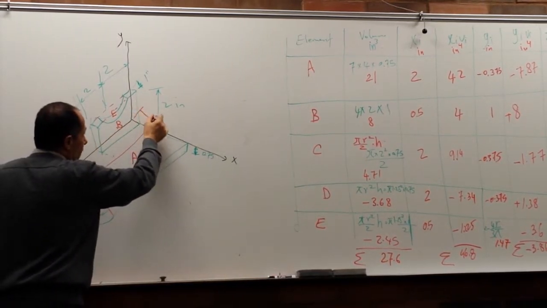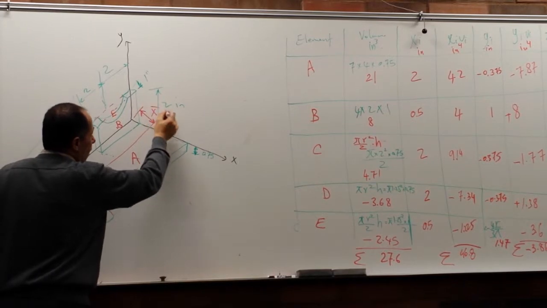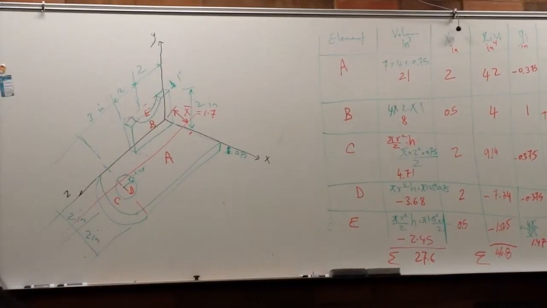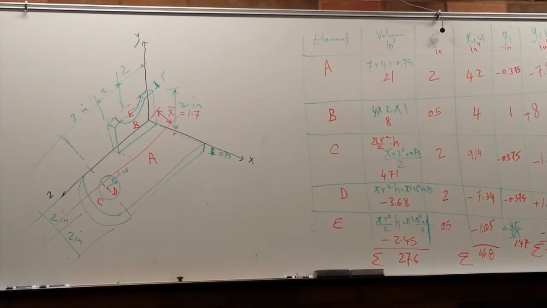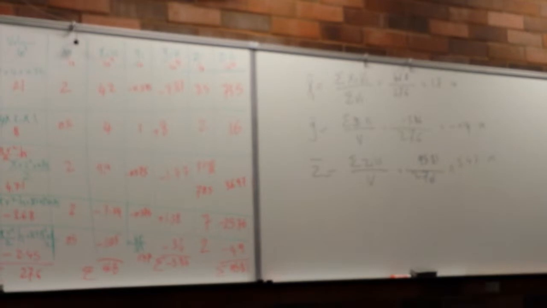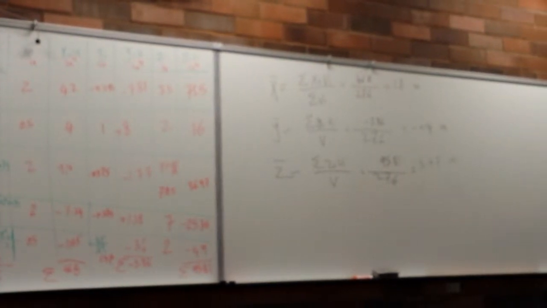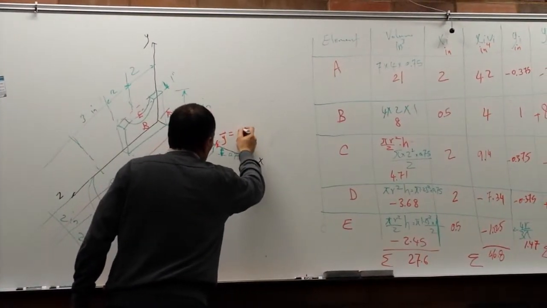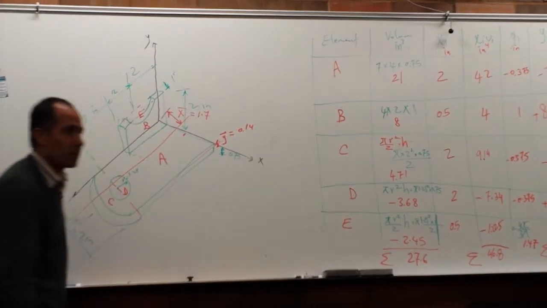This is x bar equal 1.7. Y is negative, underneath by something very little, somewhere in here. So this distance here is y bar, equal 0.14, correct?